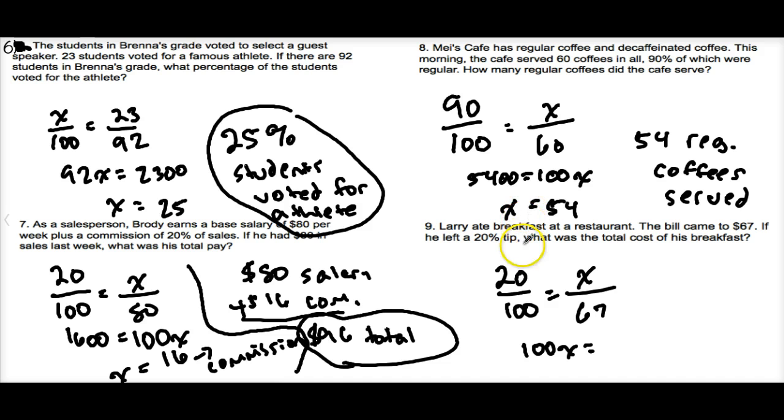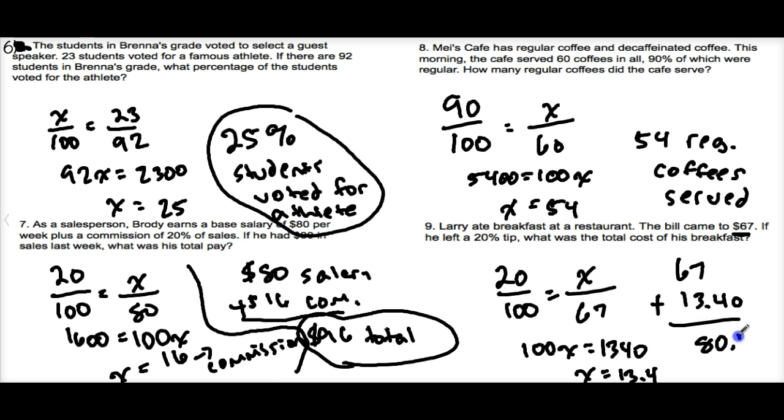And that's going to be 1340. And X is going to equal $13.40. So it's going to be 67, which is the price, the original bill, plus $13.40 for the tip. And that's going to be $80.40.